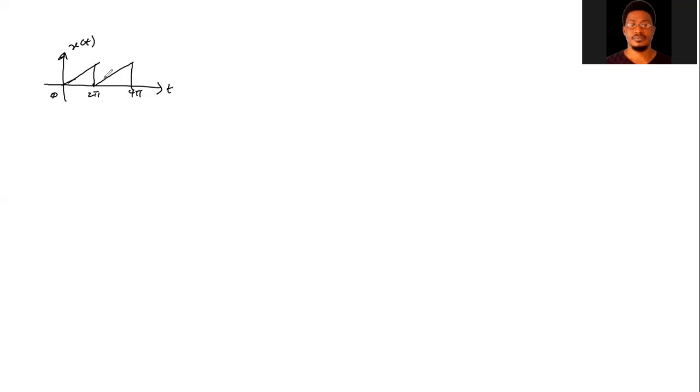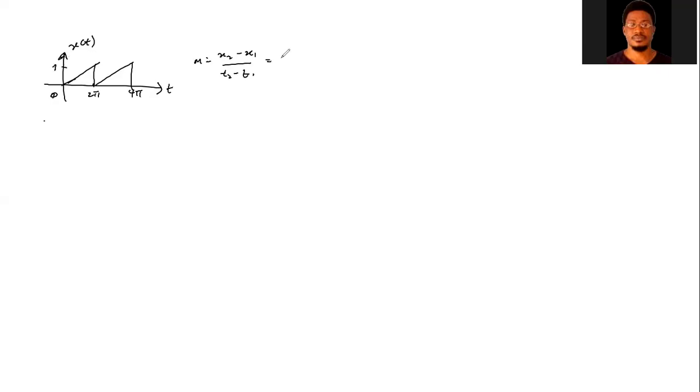You recall your equation of a straight line, right? And then we want to get the gradient and the intercept. For the gradient, say M, that will be y2 minus y1 over t2 minus t1, which will be the same as, now here, we have this amplitude to be 1, right?